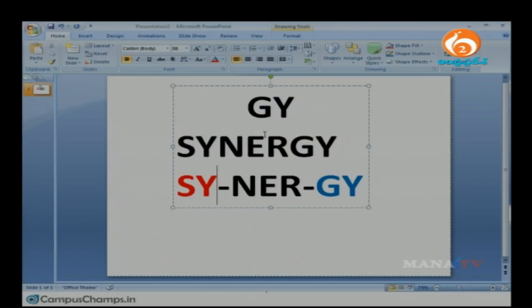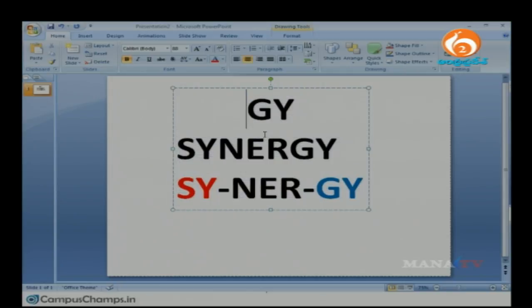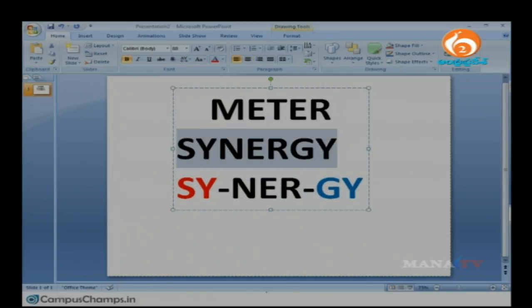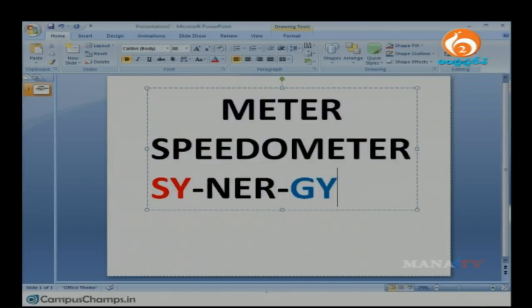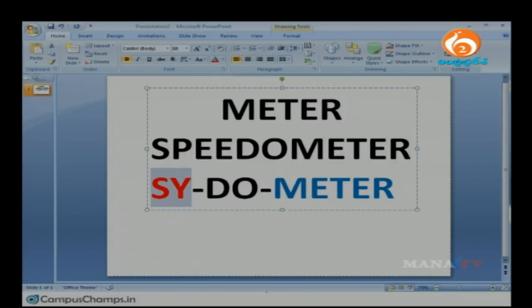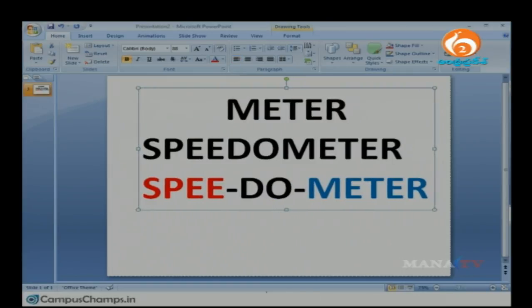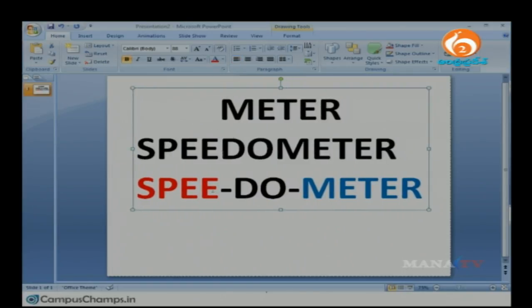And the last one in this list, METER. This is the word. Now in this case, let me change it.